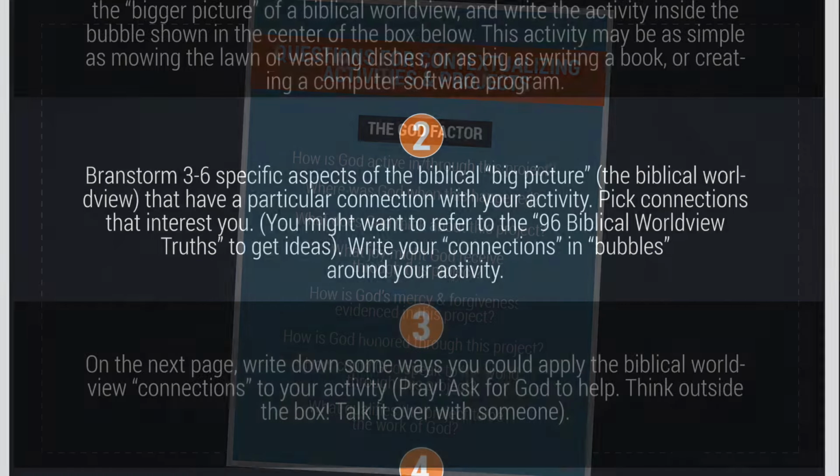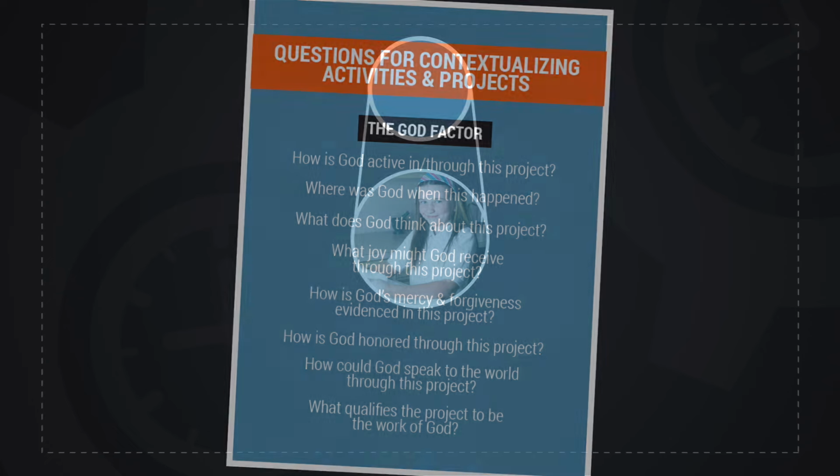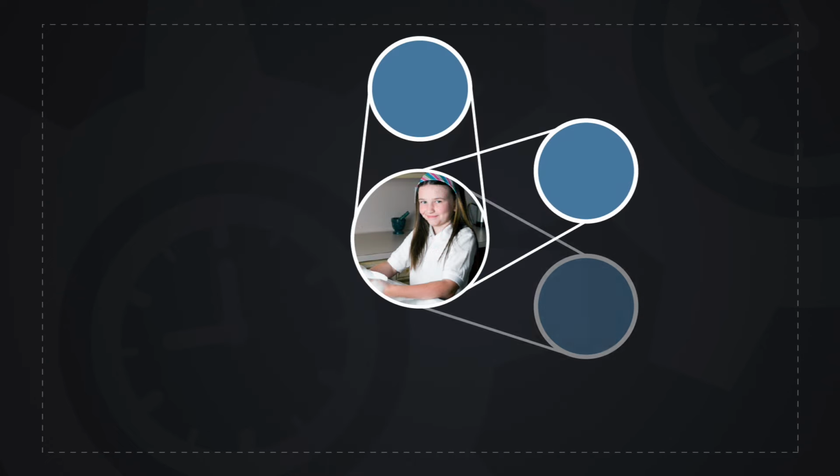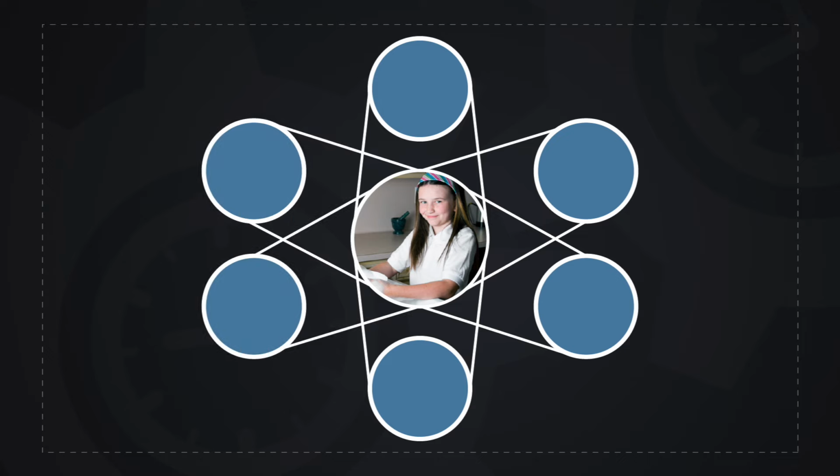So you take that other tool called the questions for contextualizing activities, the one you can get on the Coram Deo website. Read through that list and just see which ones of those questions prompt connecting points with washing dishes. And just write those around dishwashing in bubbles, okay? And connect them with lines to dishwashing, just like you see on the screen.